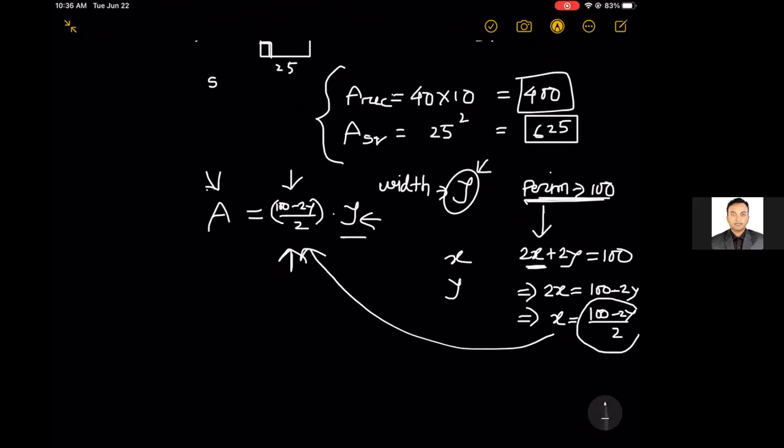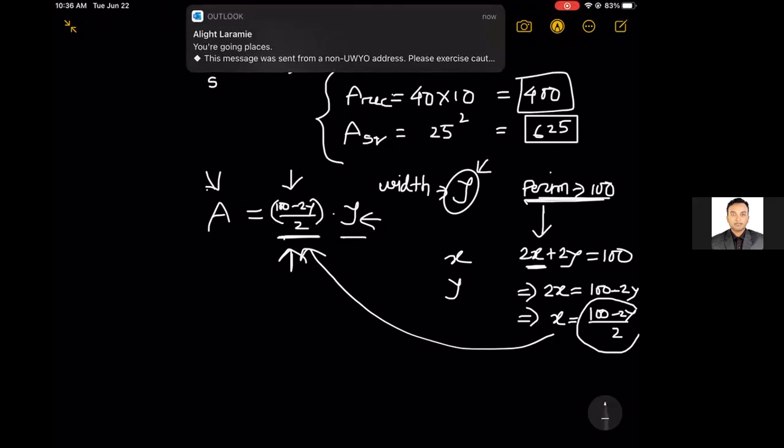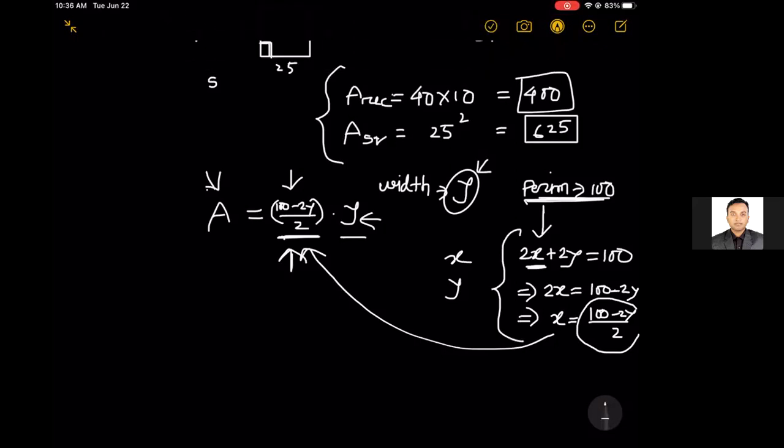As I said, we can't have any other variables other than y. That means if I reiterate it, for this length, you need to find the value of length in terms of y, like this. Any question from this? Take your time, okay?